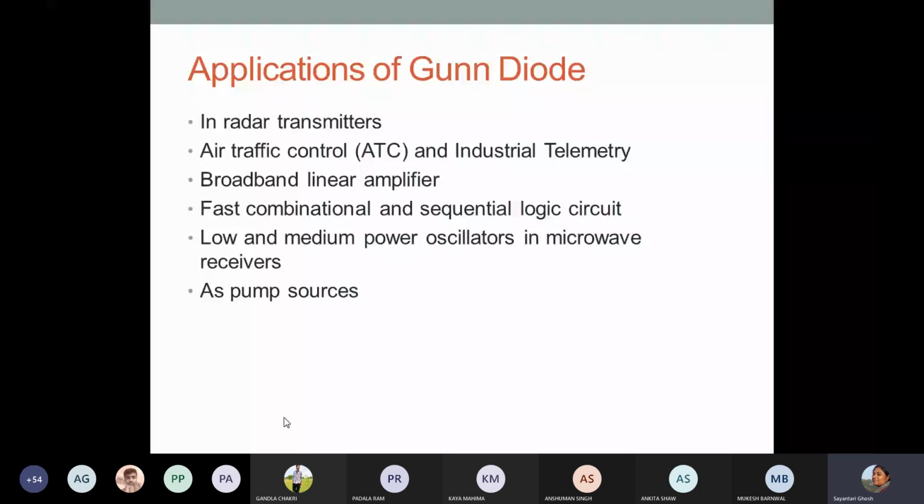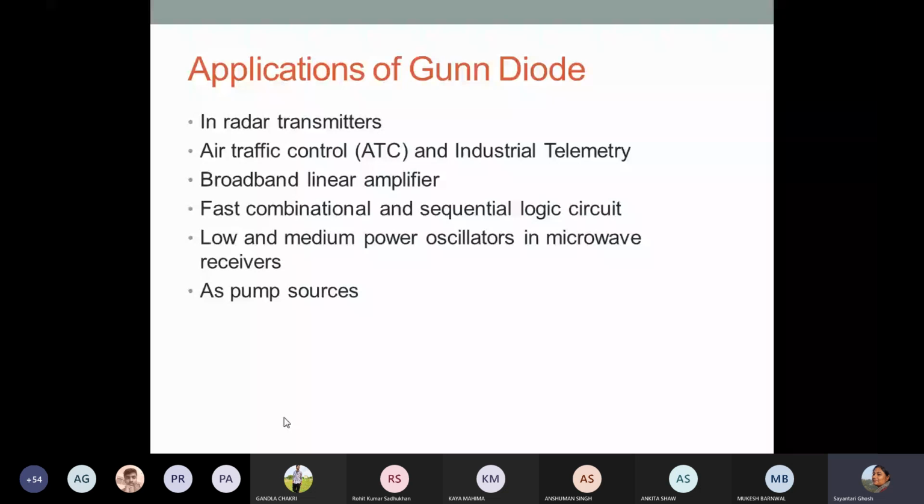Ma'am, here the oscillations come due to the jumping from one valley to the other valley. No, the jumping from one valley to another valley is what gives the negative resistance. The negative resistance comes because in one valley the carriers were moving very fast, in the other valley they are moving really slowly.